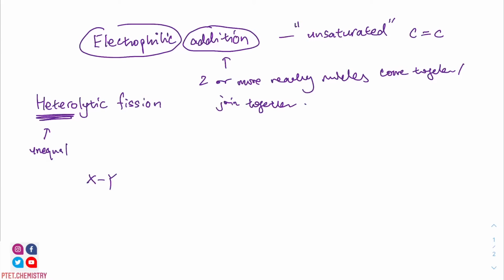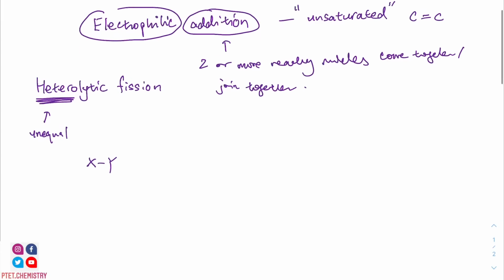I've deliberately chosen XY here rather than XX or YY. That means these two atoms have very different electronegativity, let's say. I'm not telling you the identity of them, I'm just being random. I'll put delta minus here, and delta plus here. So this bond is polar.